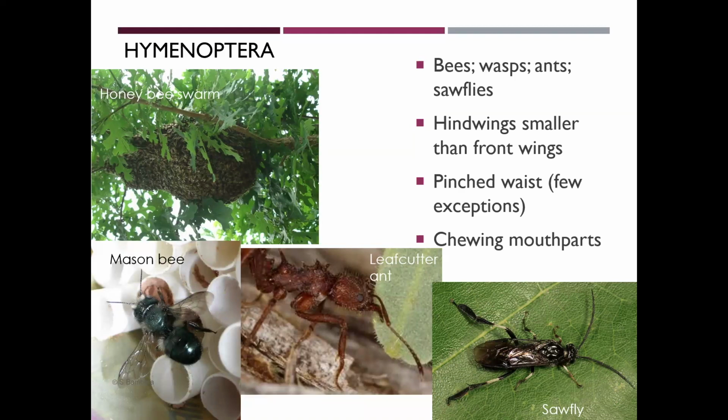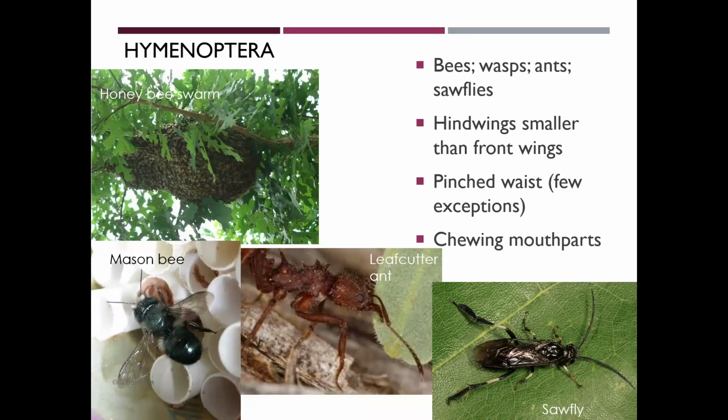And with sawflies, which you see on the bottom right-hand corner, they are kind of the outlier when we look at these. They're going to have a broadly joined thorax and abdomen, but generally you're not going to deal with sawflies because that's not what people are worried about. Or if people see sawflies, they don't know what they are.